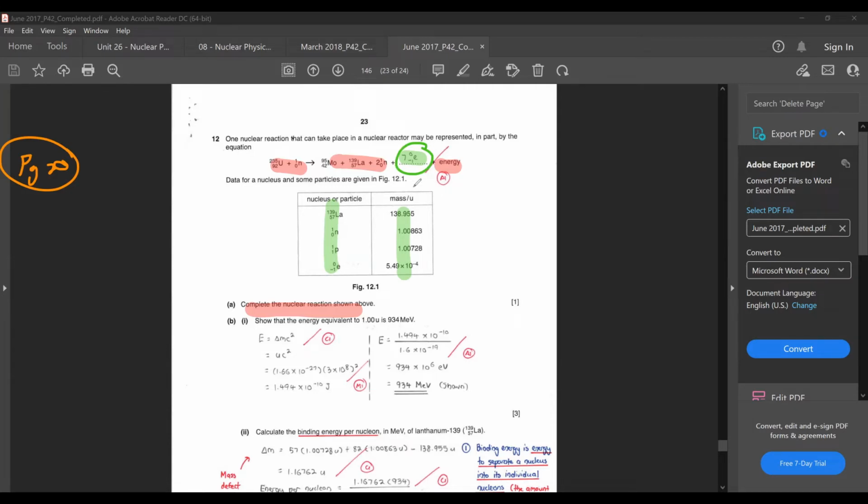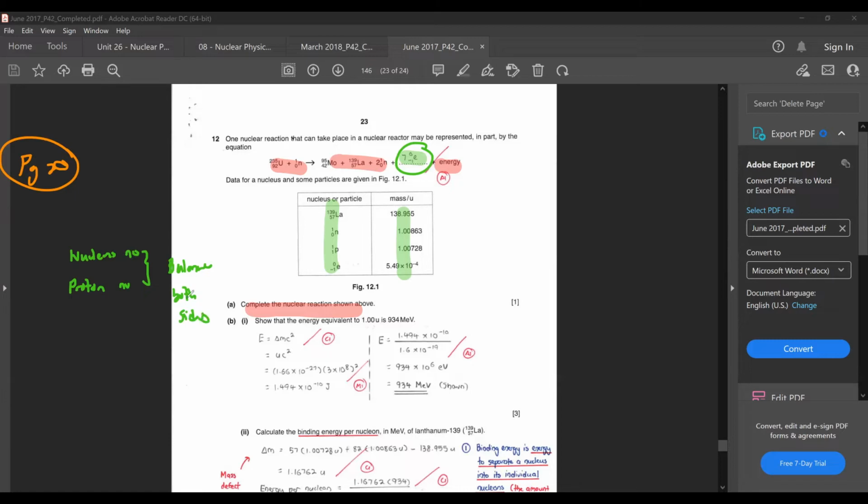What should be going to the missing blank there? All right. So this one is something that you will be very familiar with from your experience from AS physics. You need to balance the nucleon number and proton number. You need to balance both sides.